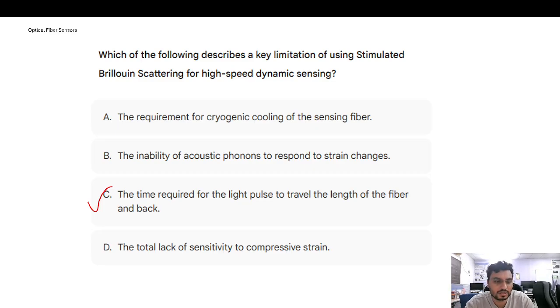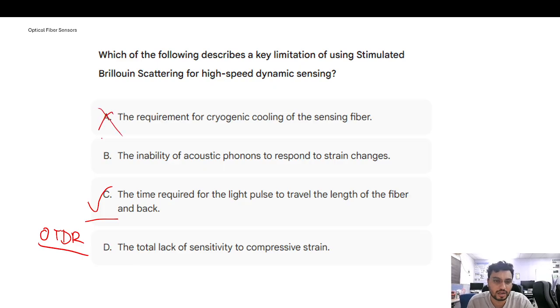It's an OTDR system, and everything depends on the time of flight. The maximum sampling rate is only limited by the round trip time of light in the fiber, and that's why this is the correct answer.